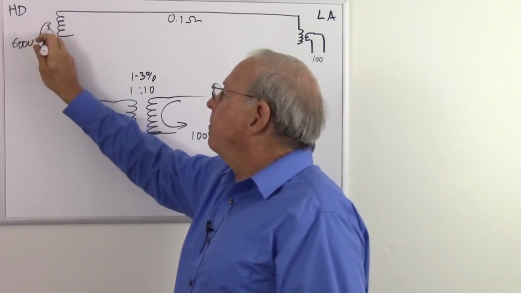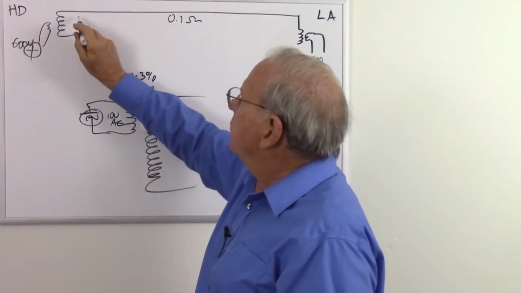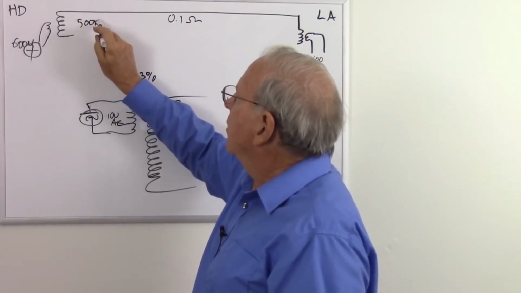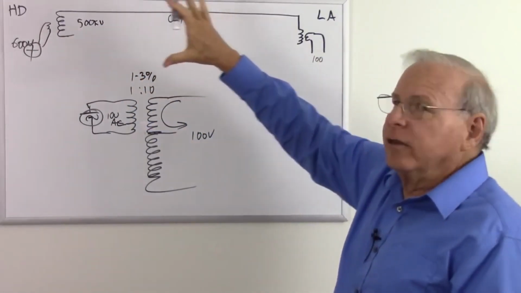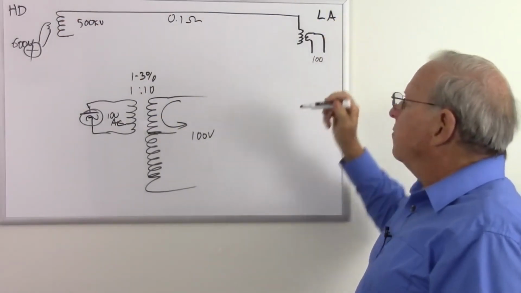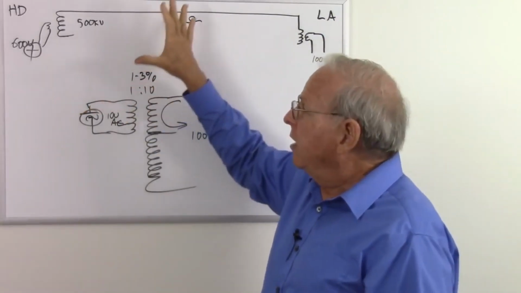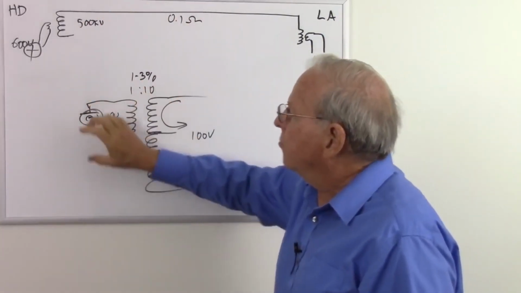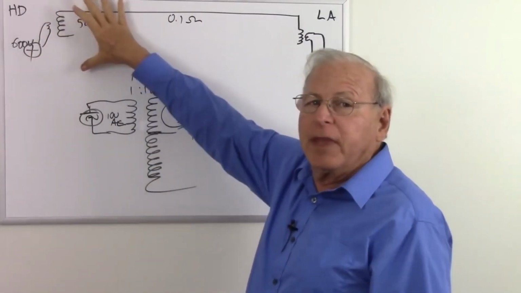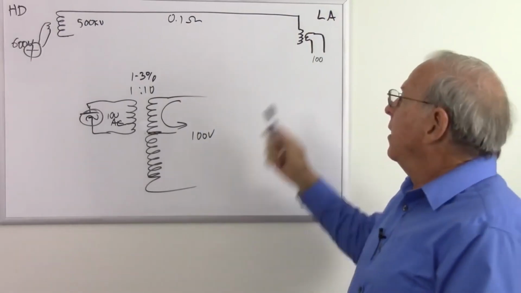So that goes to a step-up transformer from the generator, and so I step my voltage up to 500 kilovolts, send that across the desert to Los Angeles, and then step back down to where it's needed to eventually get back to 100 volts. So the reason we use AC is because we can use transformers to step it up to a very high voltage and then step it back down to a reasonably low voltage, which we cannot do with direct current.